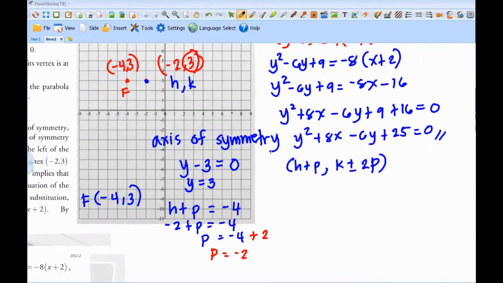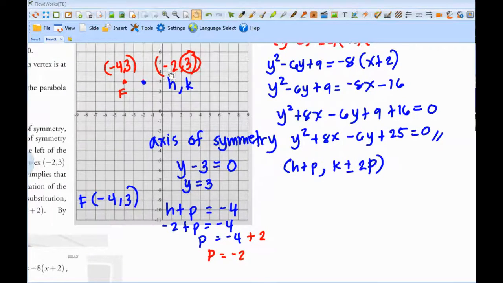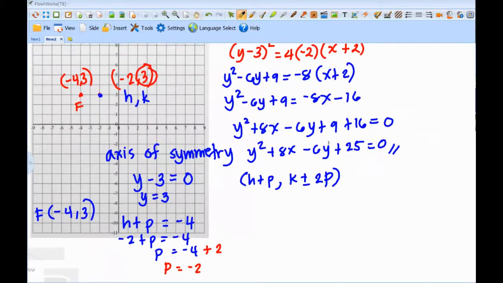So this is the length of the lattice rectum. Length, please write this one because they did not indicate this in the book. Length of the lattice rectum. So these are the endpoints.